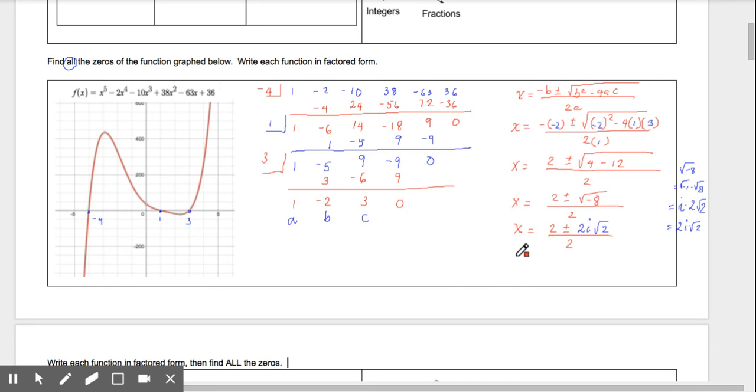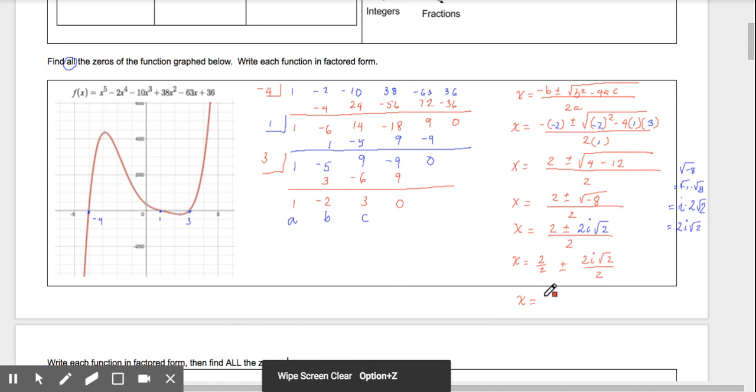Now we can simplify by dividing each expression in the numerator by the denominator 2. So we'll have 2 over 2 plus or minus 2i square root of 2 over 2. And then finally, 2 divided by 2 is 1 plus or minus 2 divided by 2 gives us 1, and then times i square root of 2.